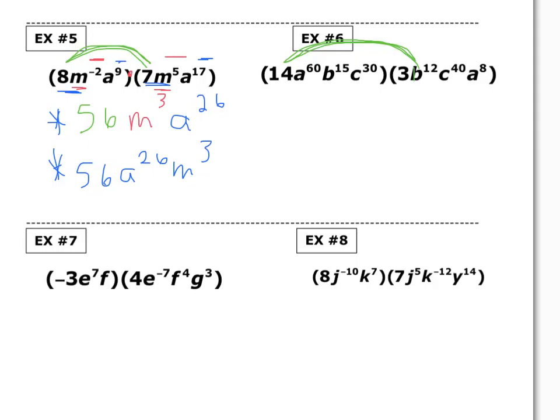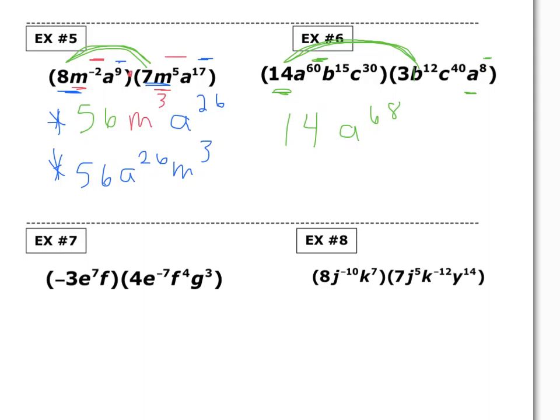Well, we're not going to multiply those together. You would multiply the coefficients together of the a's. Okay, so we got 14a and 1a, so that just gives us 14. And we know that 60 plus 8 would give us a to the 68. Okay, sorry for the confusion there.